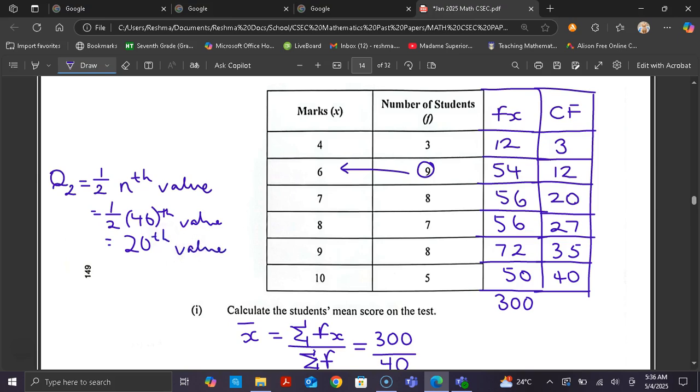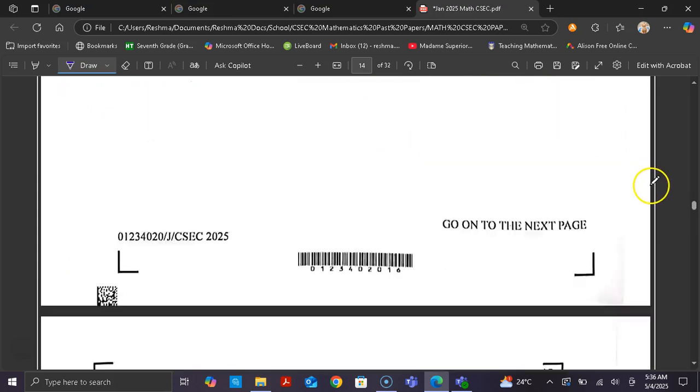So let me explain this from the cumulative frequency column. So if up to 4 marks, there are 3 students, up to 6 marks, we have 12 students, and up to 7 marks, we have 20 students. This means that 20 students would have gained a mark of 7 and less. So therefore, the 20th value has to be 7. Which means, therefore, our median is 7.